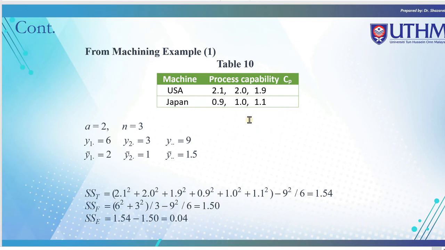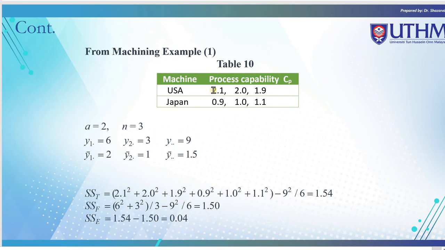Given there are two types of machine, USA and Japan, it means that there is only one factor with two levels. And then the response is process capability. So A is the number of levels, so we have two levels here, and then N is the number of replicates.